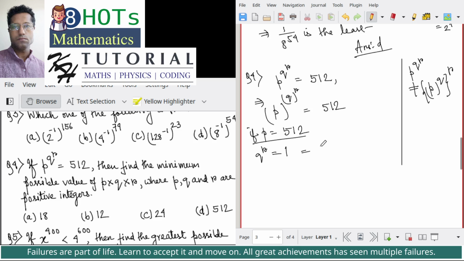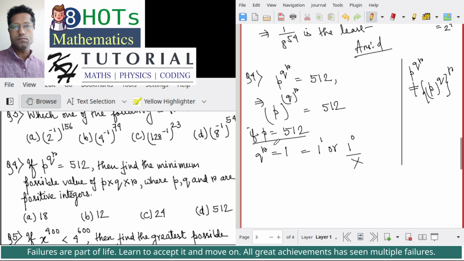We can have 1 to the power 1 or 1 to the power 0, but 1 to the power 0 will not be an option, because it is given p, q, and r are all positive integers. 0 is not a positive integer. The positive integers are basically the natural numbers, that is 1, 2, 3, 4, 5, 6. So this option will not be considered.